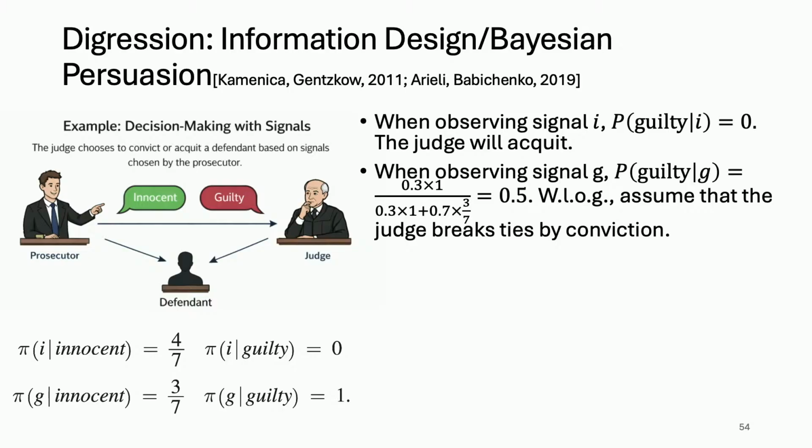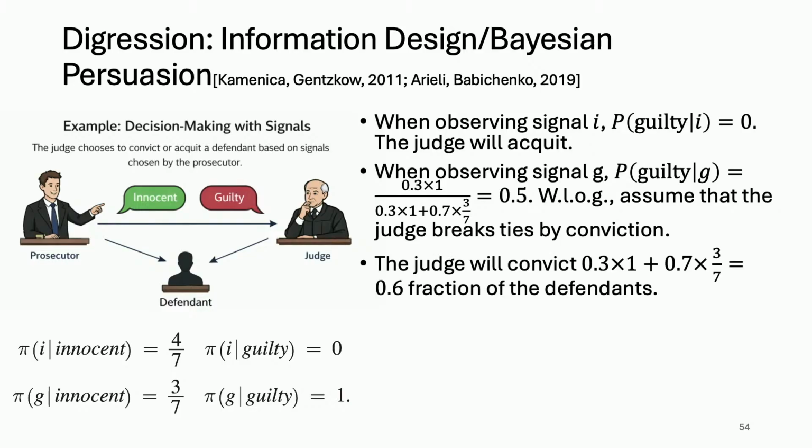just slightly perturb this signaling scheme so that this conditional probability is 0.5 plus epsilon. So in this case, every time we observe the signal G, the judge will convict. And then the judge will convict 60% of the time.